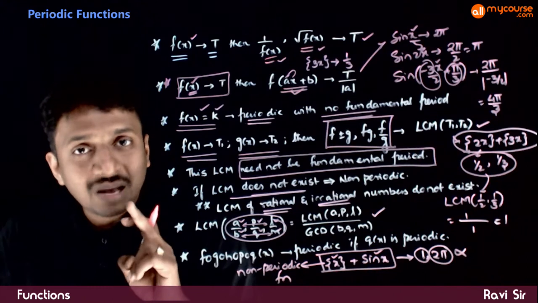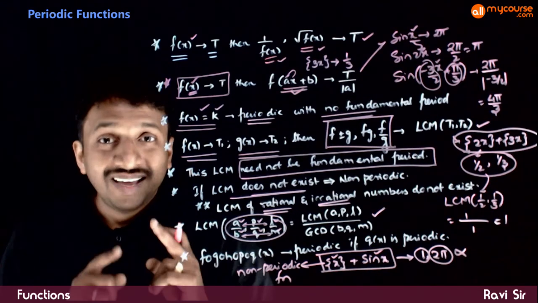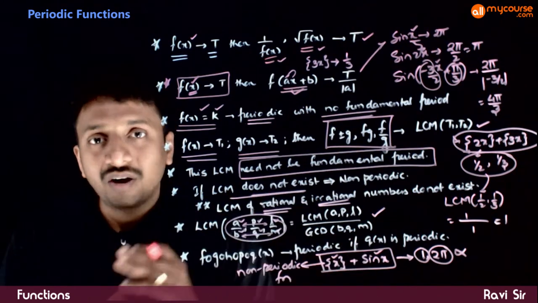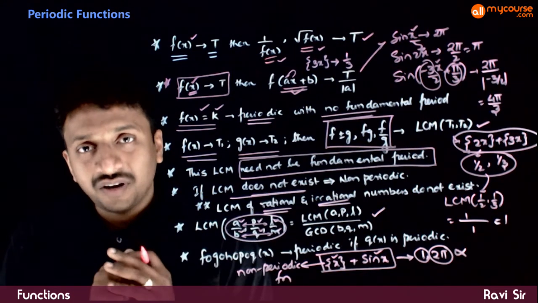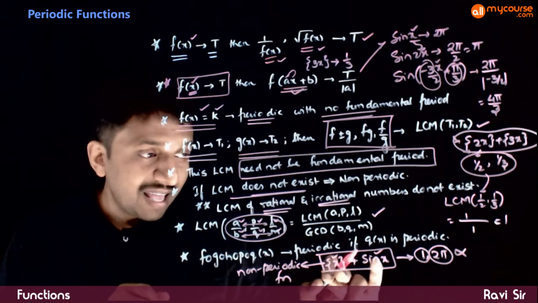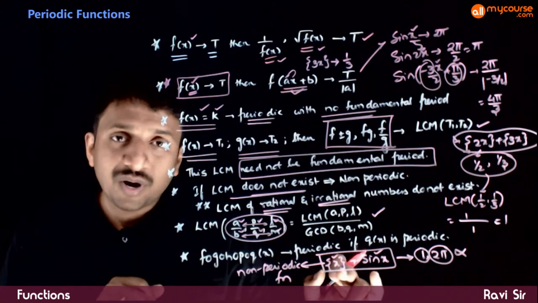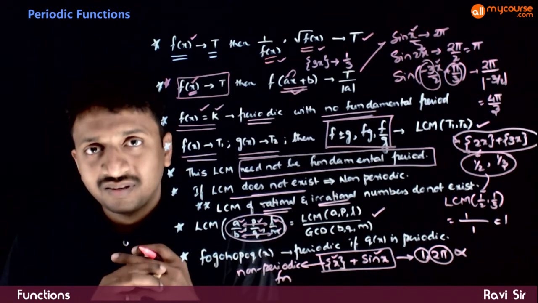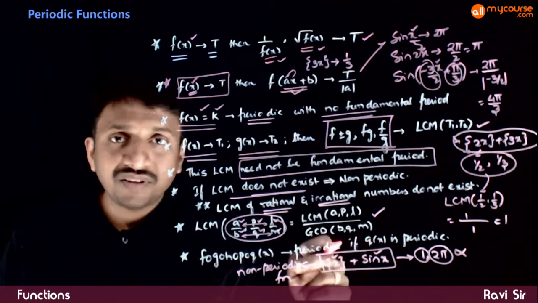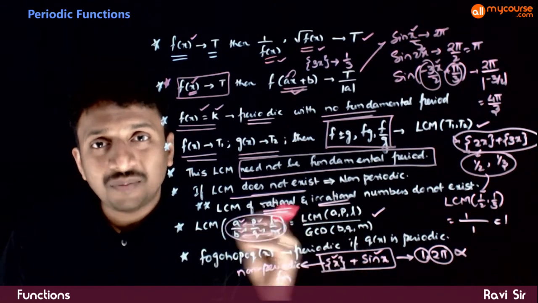That means the sum of two periodic functions need not be a periodic function. So the sum of two periodic functions will be a periodic function if and only if the LCM for the corresponding periods can be found out. So they can be both rational, or both of them can be irrational of the same order sometimes.